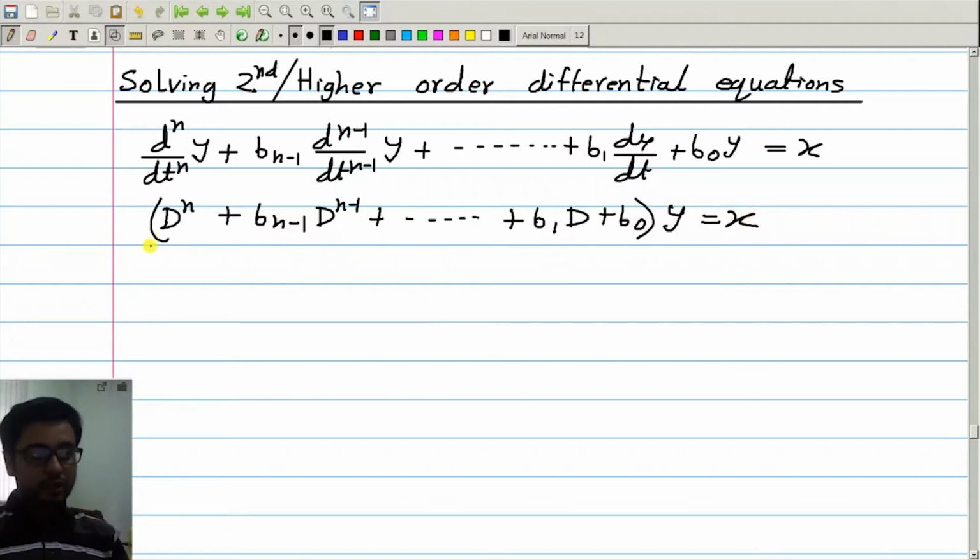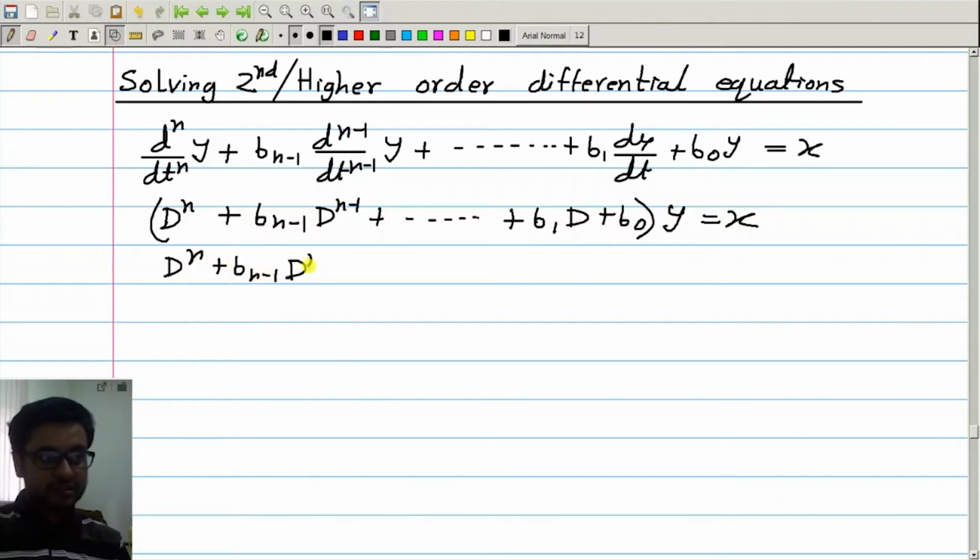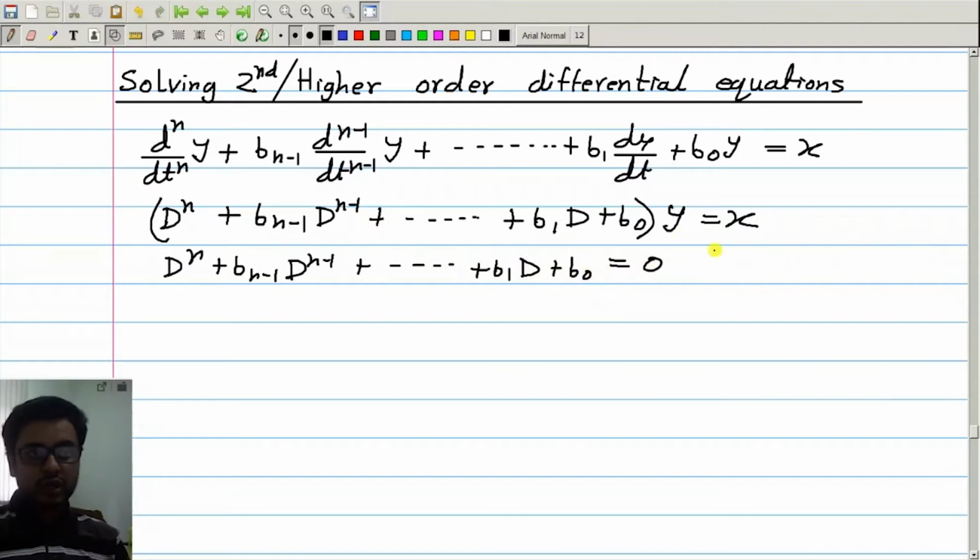Now we have learned how to factorize this differential operator by first writing a polynomial equation equal to 0 and solving it to get the roots.